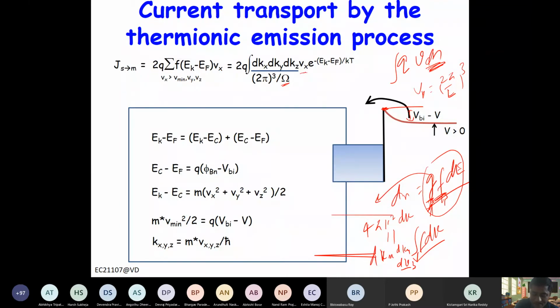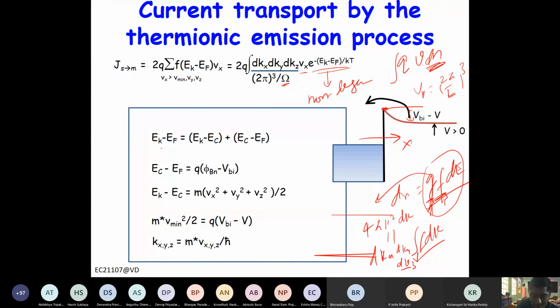Then Vx, because this is in the x direction, let's say this is the x direction. Now F, we are assuming it to be a non-degenerate semiconductor. So the Fermi function can be written simply as exponential of (EF minus E) by kT.